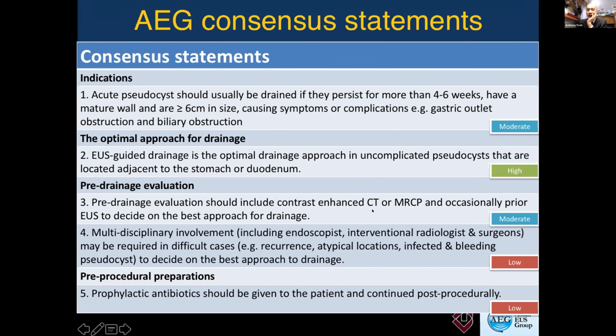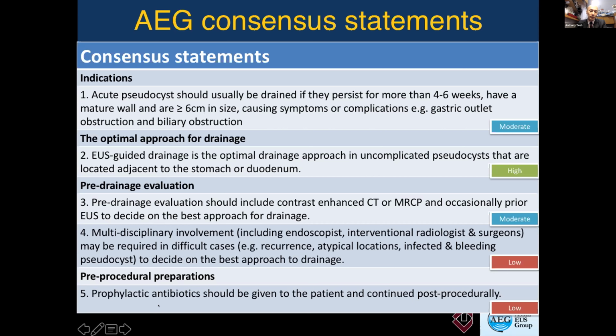Pre-procedurally, we will perform either a CT scan or MRCP. If you have a multidisciplinary team, then it's useful to discuss with your endoscopists as well as IR people and surgeons on how to treat these patients.